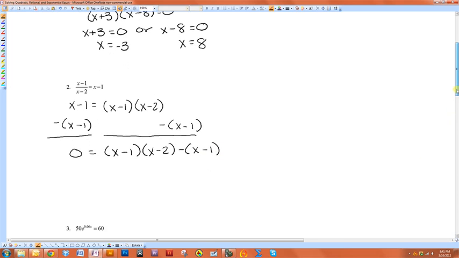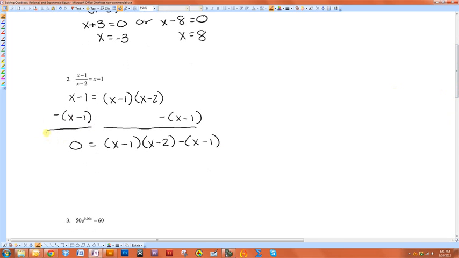Okay, so I should just clean this up. I could do this in two ways. I could FOIL and distribute and then simplify, or I could do the similar thing that I did in the previous example, where I could notice that this x minus 1 is a factor in each this piece and this piece, so I can factor out the x minus 1.